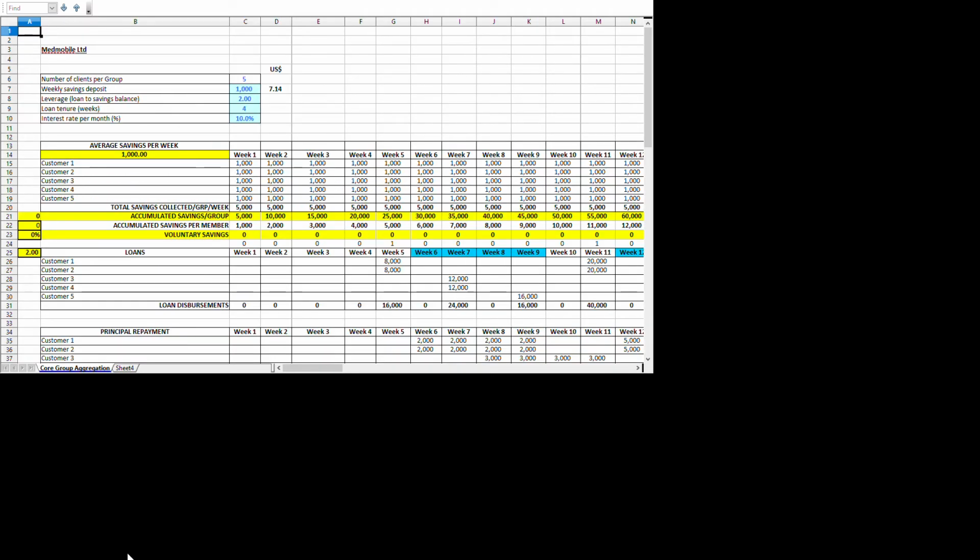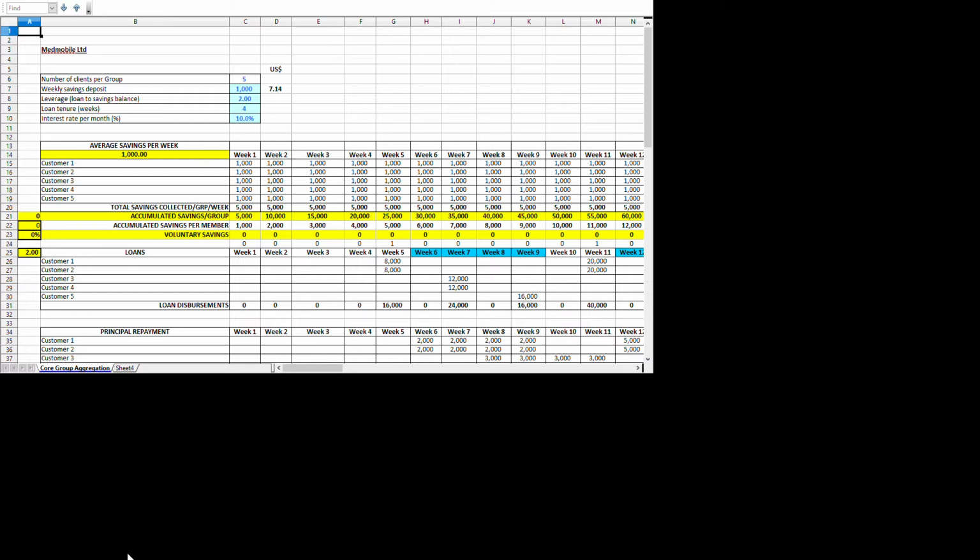Now for the actual calculations, here we see in the top left the parameters. In this model, we have 5 clients. Each of them is saving $1,000 a week. The loan leverage is 2, which means the loan values will be twice the value of the customer's savings at the point when the loan is offered.